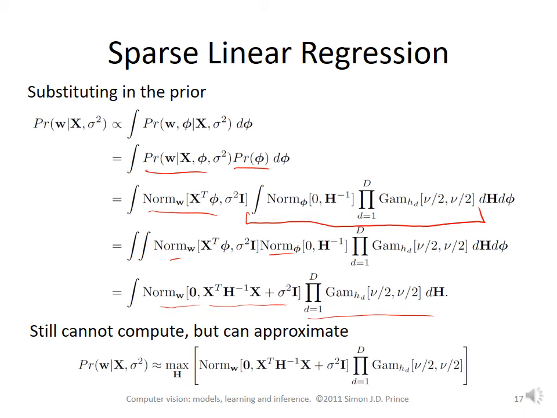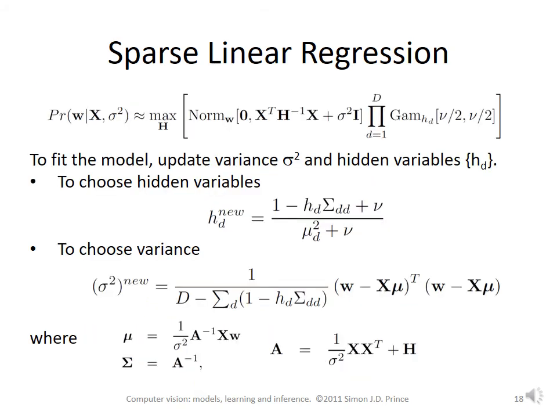But there is an approximation that we can get where we're going to find that the h parameters that we need, we can choose them by maximizing this equation here at the bottom. It is still a product of gammas, and it is multiplied by a normal distribution. And we can do that through an EM process.